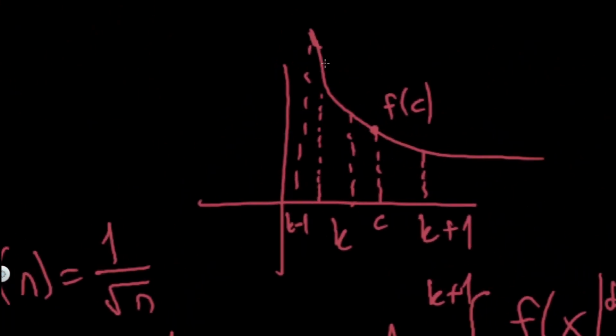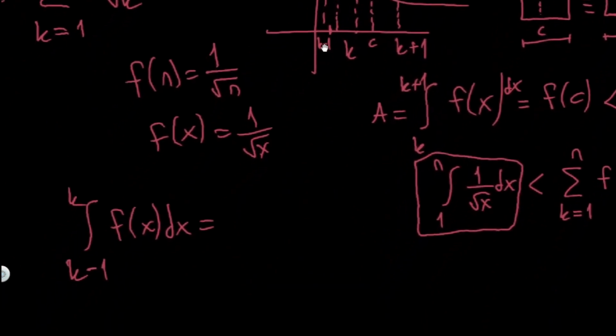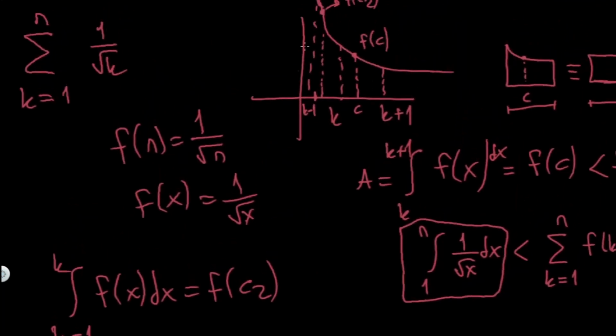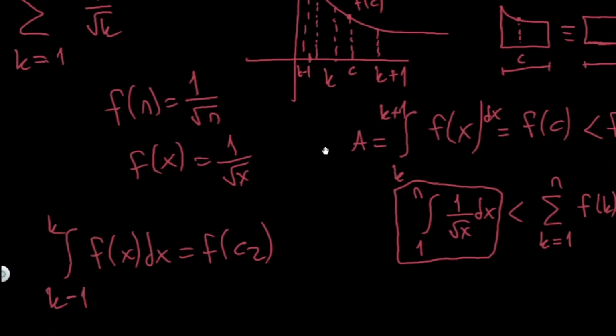Let's say this point is fc2. So I have a midpoint. It doesn't have to be at the middle again. I have a point between k minus 1 and k. This is exactly the same logic, that I can find a c2 such that this area is going to be equal to f of c2 times 1. So it's just fc2. And since I know that this function is decreasing, f of c2 is greater than f of k.